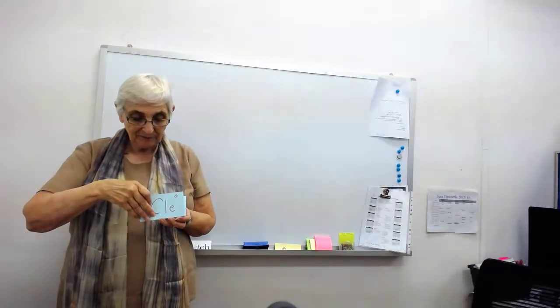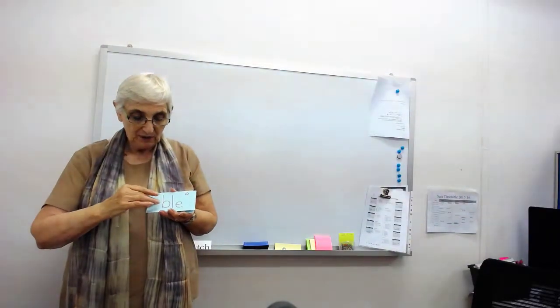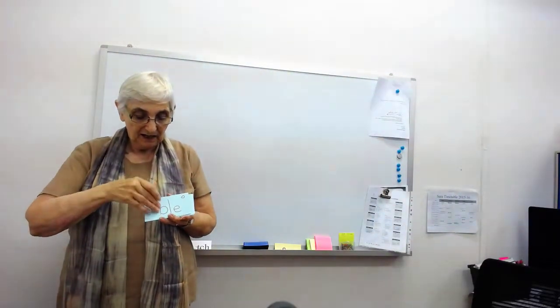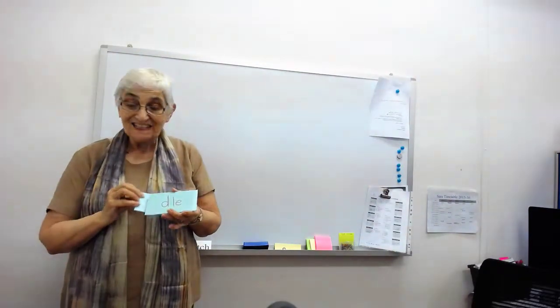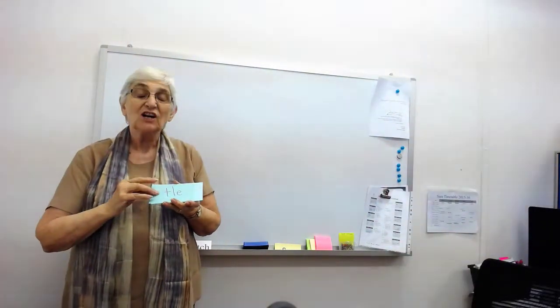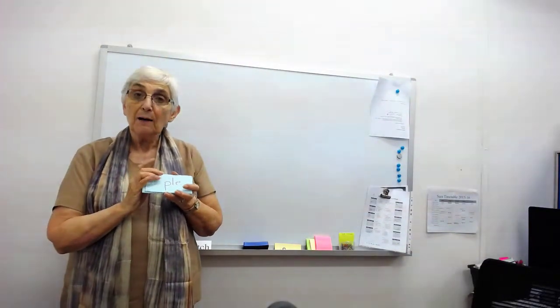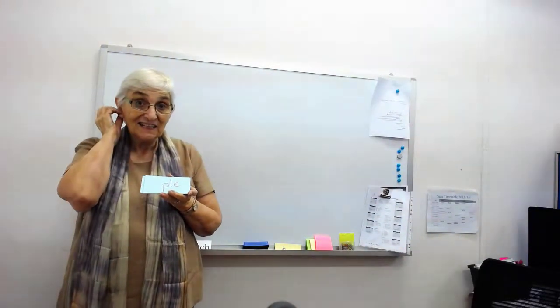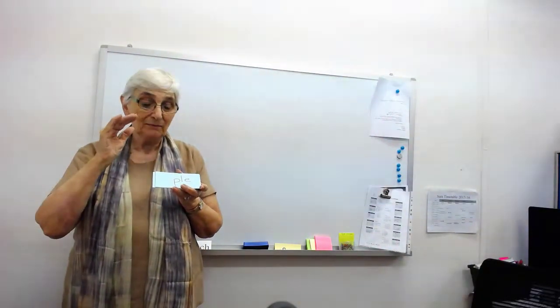So the ones we know so far are BLE, which says bull, DLE, which says doe, TLE that says toe, and PLE, which says po. And again, the syllable before it is always stressed, said a little bit louder, a little bit higher.